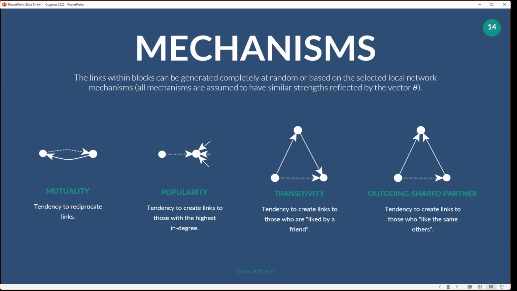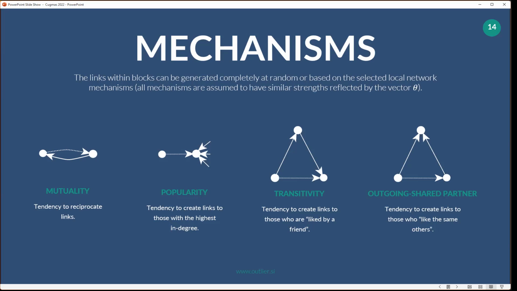The strengths of these different mechanisms are summarized by the vector theta. We set all values to 1, which means that all these 4 mechanisms are assumed to have similar strength. Since these mechanisms are not completely independent, we cannot say that they have exactly the same strength, but approximately the same strengths. We have 2 scenarios for this.